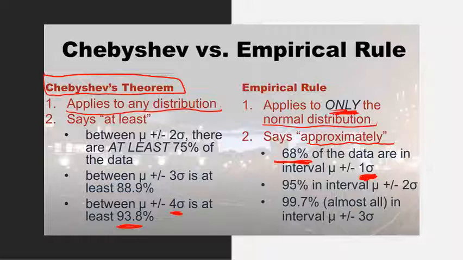Just using one standard deviation, we didn't even have to go too far, so it's really narrowing down our data. Then, if we use two standard deviations, already we're way, way past Chebyshev's Theorem.